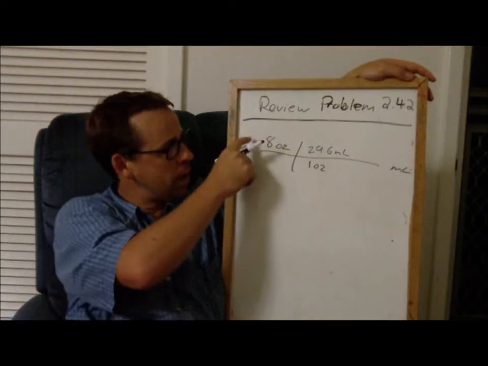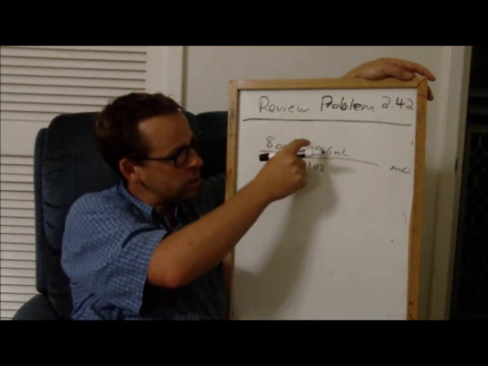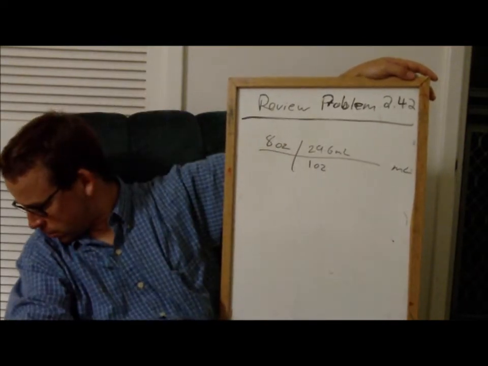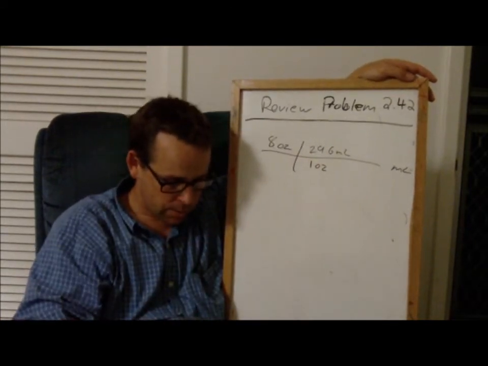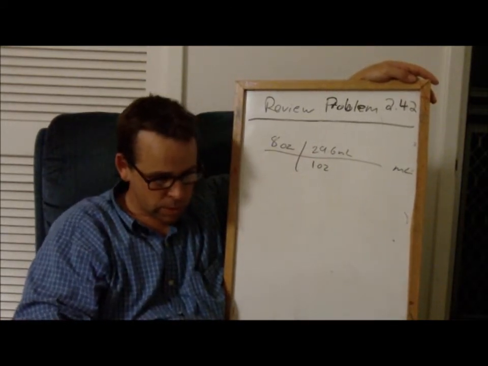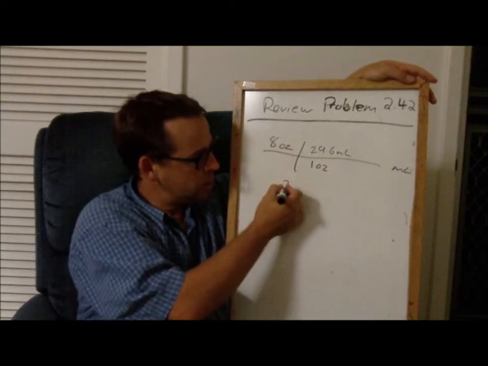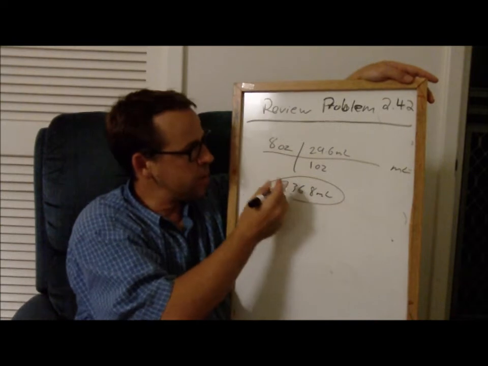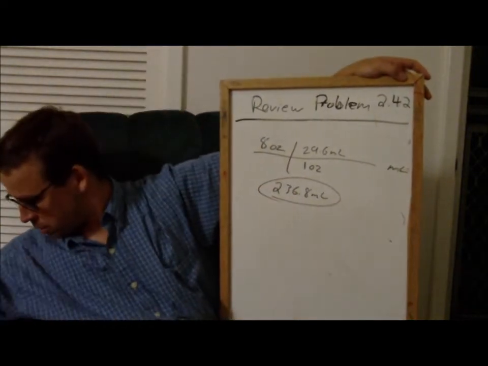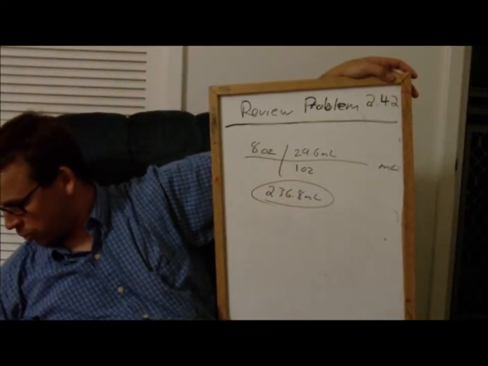Okay? So again, 8 ounces, and every ounce is 29.6 milliliters. Alright, so we have 8 times 29.6, 236.8 milliliters. So that's how many milliliters there are in 8 ounces.